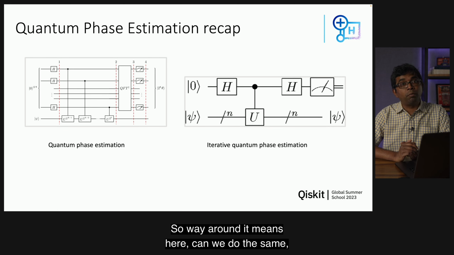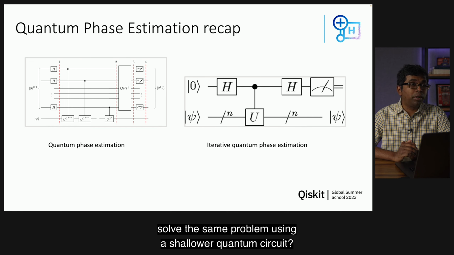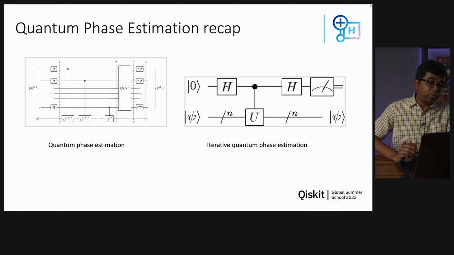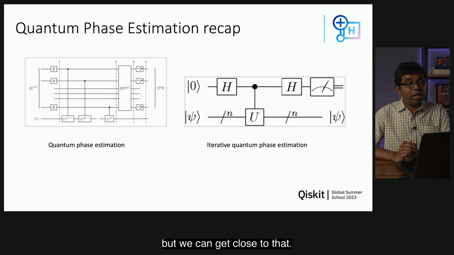Way around it means here, can we solve the same problem using a shallower quantum circuit? If we want to do it exactly, no, there is none, but we can get close to that. That's where variational algorithms are relevant.